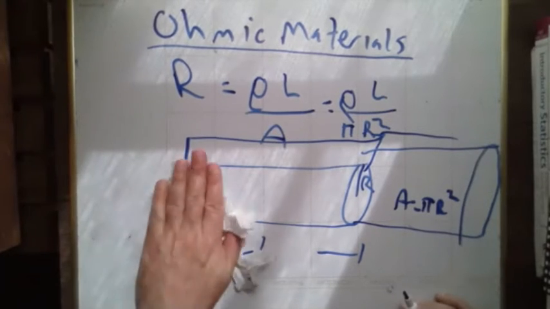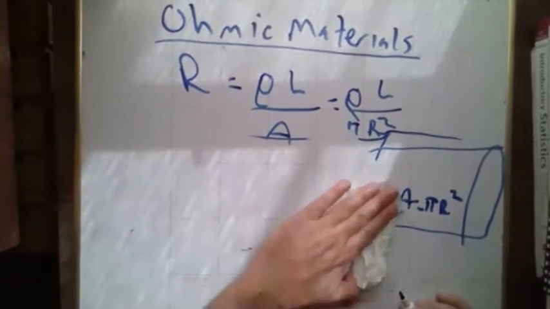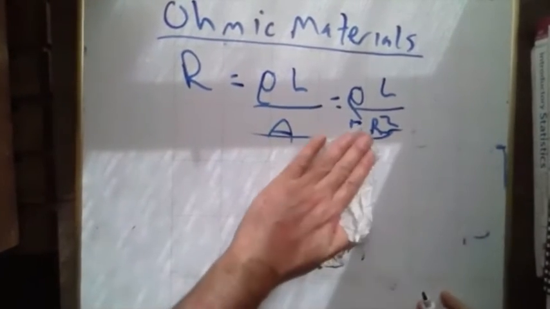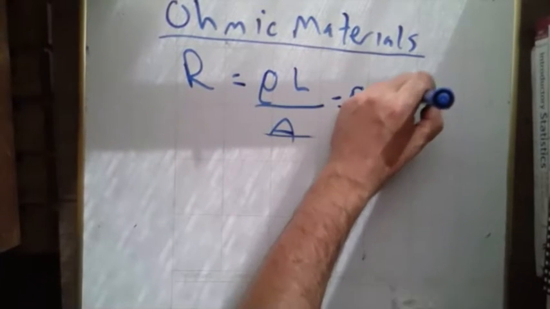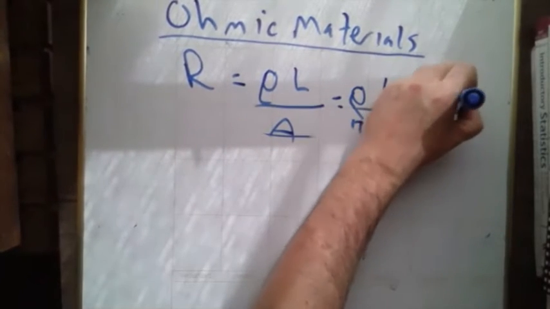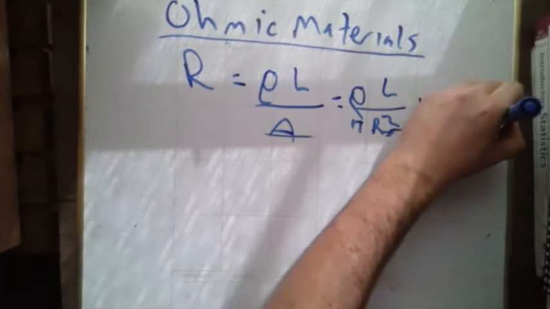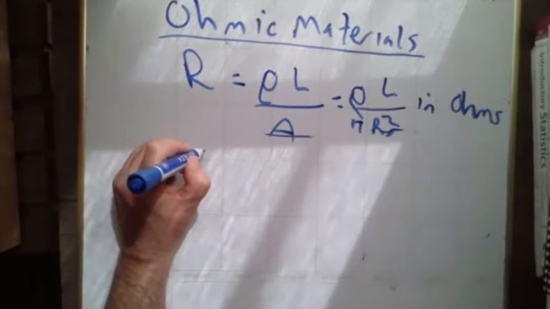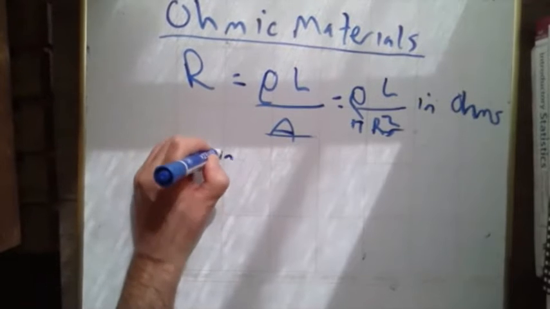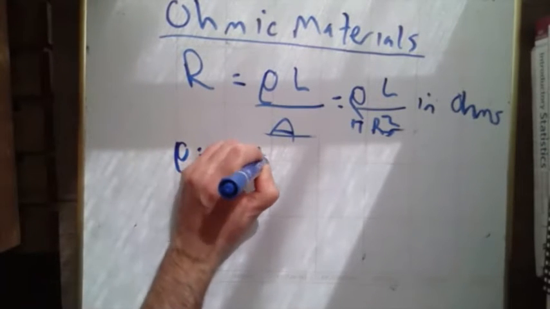A good problem to do, by the way, this is in ohms. So resistivity, rho, is in ohms times meters.